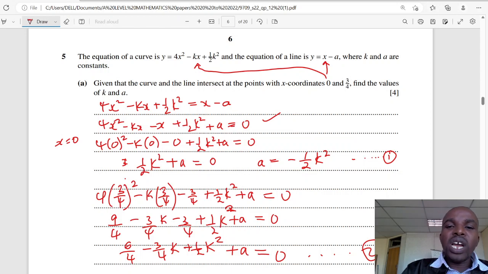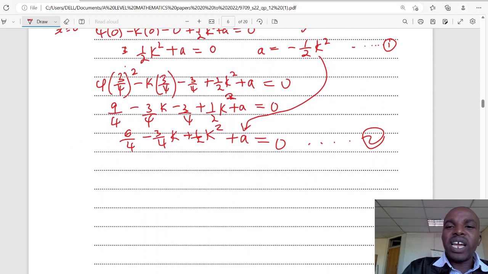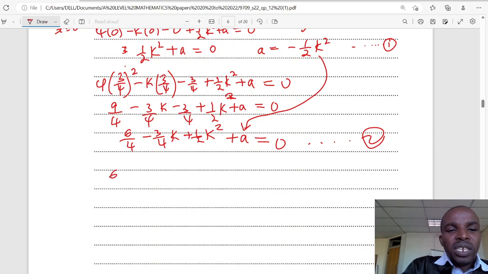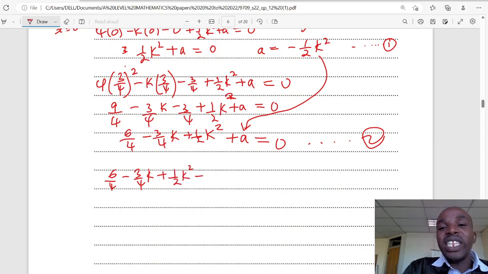Right. Now we are given that a is equal to minus half k squared. You can just substitute this part: where there's a here, you put minus half k squared. So it will be 6 over 4 minus 3 over 4 k plus half k squared, then where there's a, you put minus half k squared, is equal to 0.